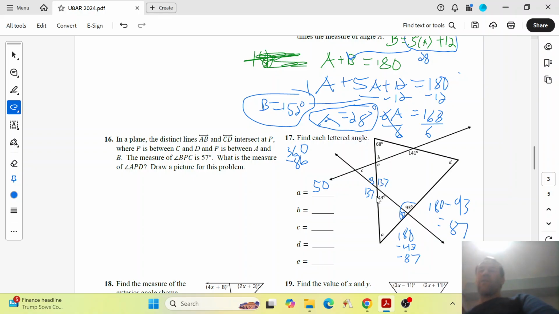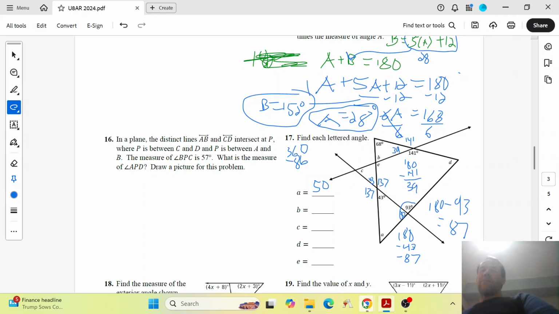Ooh, what about 141? I didn't think about that. So if that's 141, this is 141. And then 180 degrees minus 141 would be 39 degrees. And that's what this angle is. And now can you do 180 minus those two?